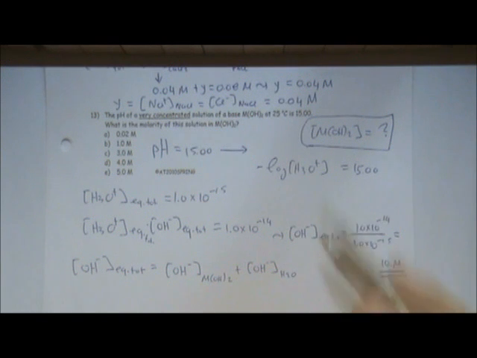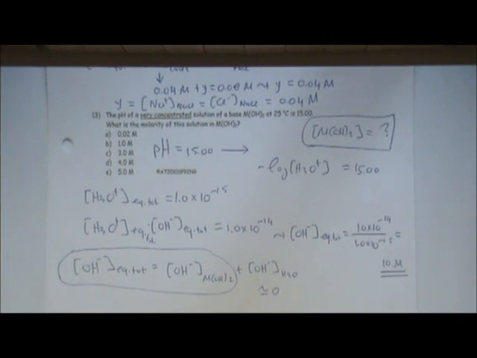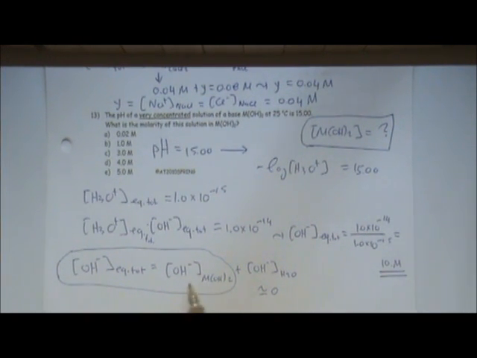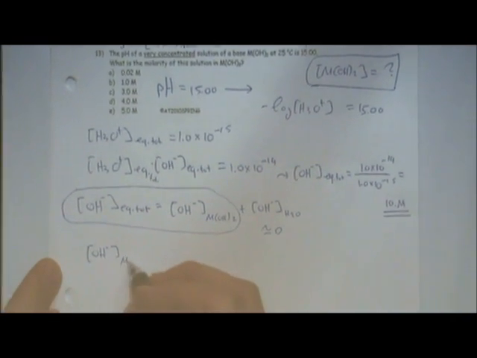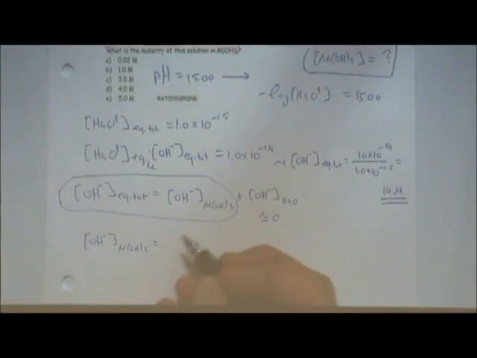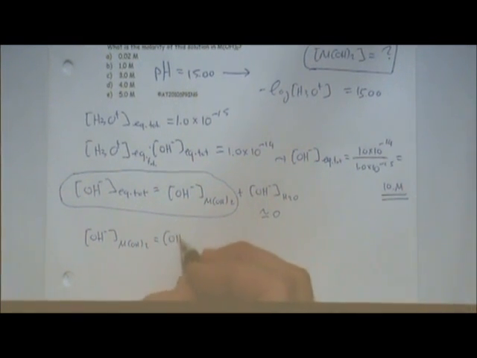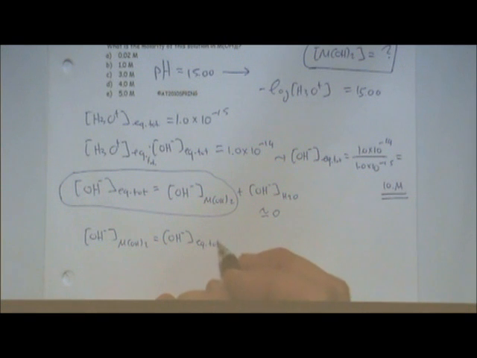And because we have a strong base, concentrated, the dissociation of water is fully suppressed. Practically speaking, the contribution from water is going to be equal to 0. So we have this relationship, which tells us that the concentration of hydroxides that come from the base is equal to the concentration of hydroxides at equilibrium total, which we already said is 10. Okay, great.